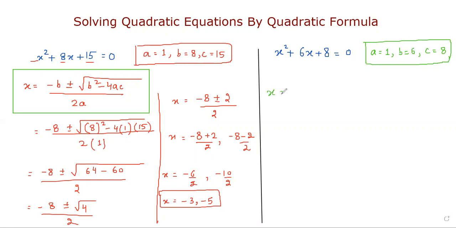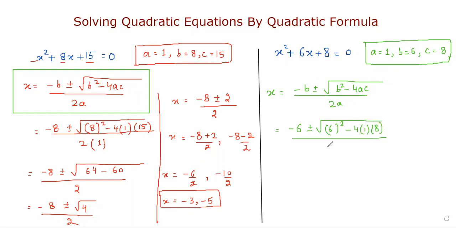Writing the formula again: x is equal to minus b plus minus square root of b square minus 4ac over 2a. Here b is 6, so it is minus 6 plus minus square root of 6 square minus 4 times 1 times 8 over 2 times a, and a is 1 here.